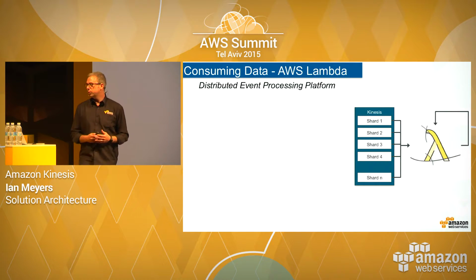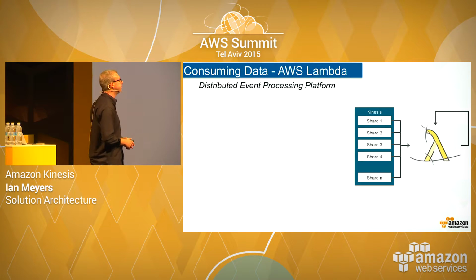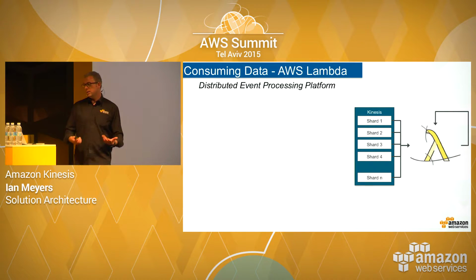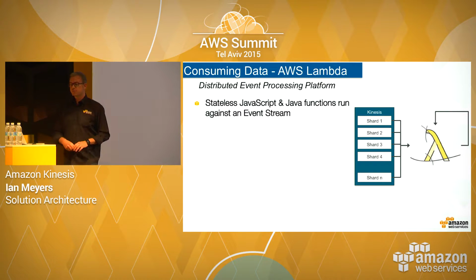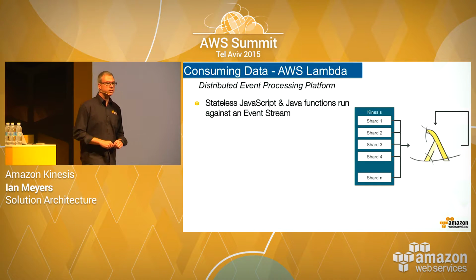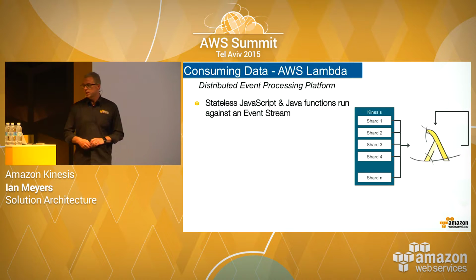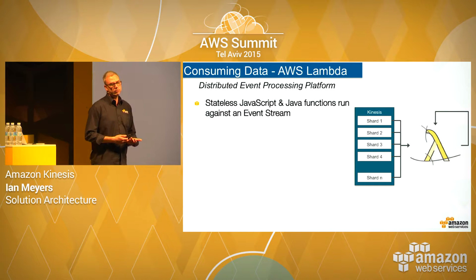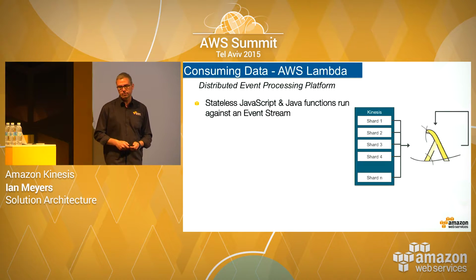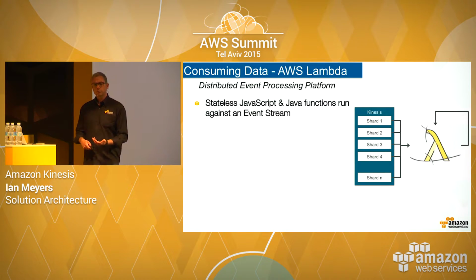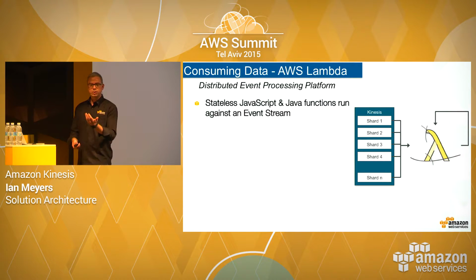And of course, we have AWS Lambda, which is able to act as a receiver of data from Kinesis. It's one of the native event sources that Kinesis supports. We have a stateless JavaScript or Java-based piece of logic that you compile with all of its dependencies and then deploy within AWS Lambda.